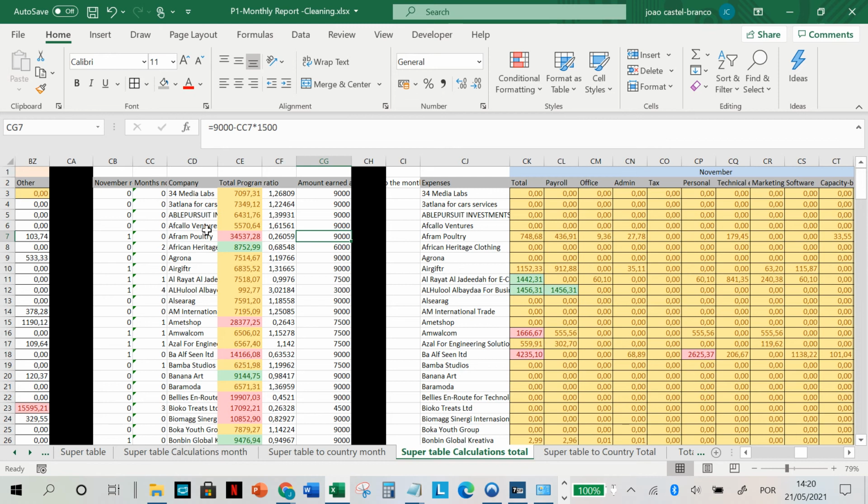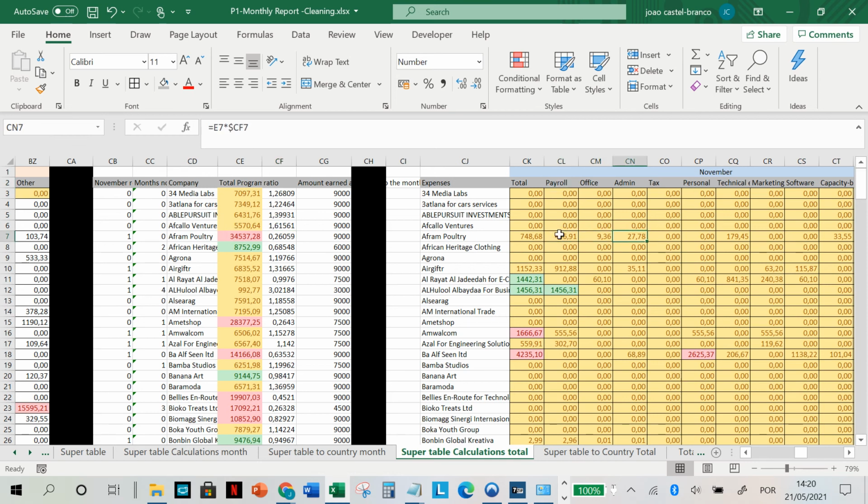In this case it is 9,000 because the company didn't skip any survey. So we have the ratio here, because they were supposed to report 9,000 of expenses, but they reported this amount of expenses.